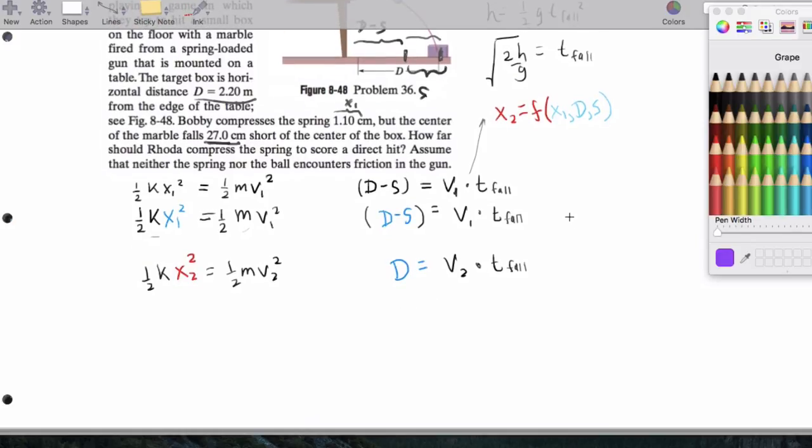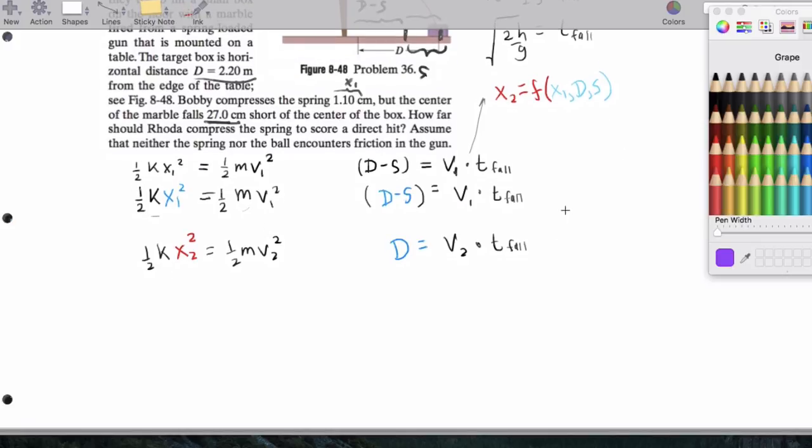To this end, I'm going to do a little bit of a substitution in each of these formulas. I'm going to call this formula 1 and this formula 2, and I'm going to rewrite each of them here.